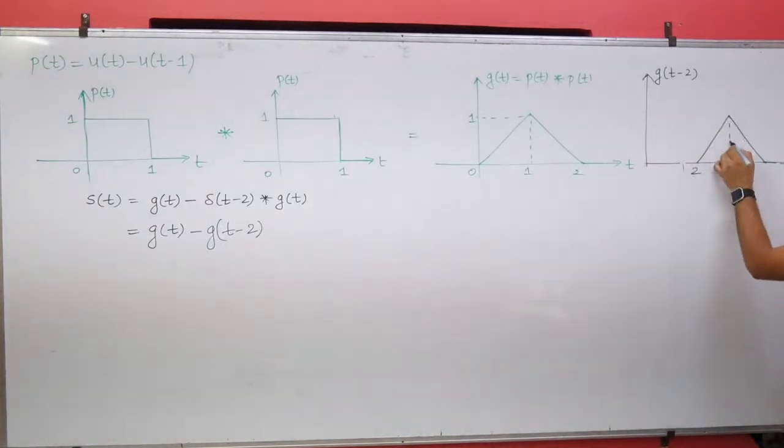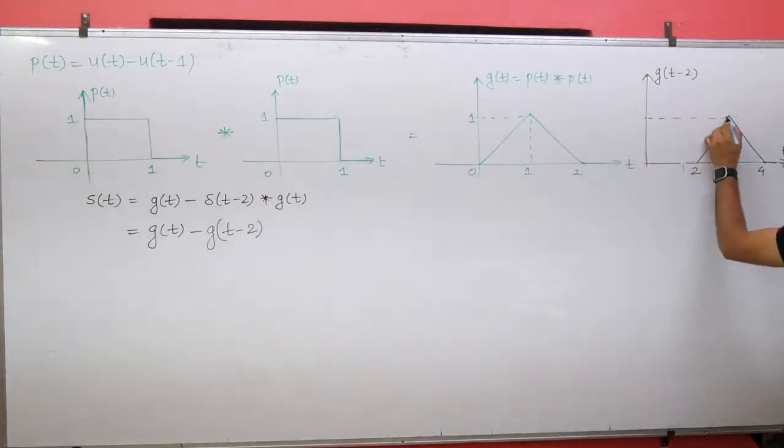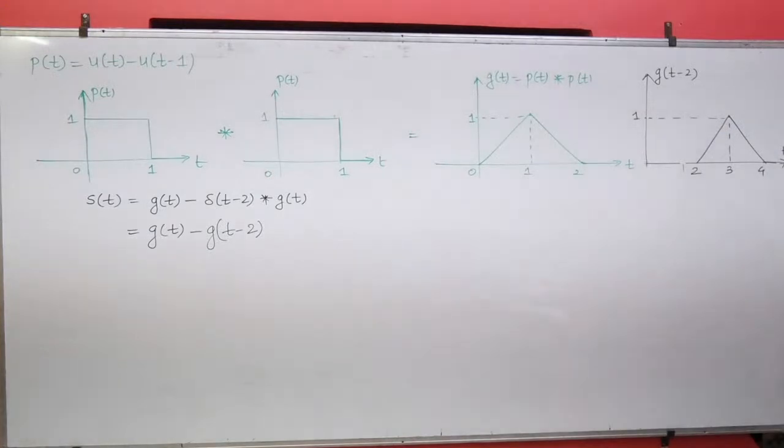Okay, so from 2 to 4 you will get 1, that is g(t) minus 2.